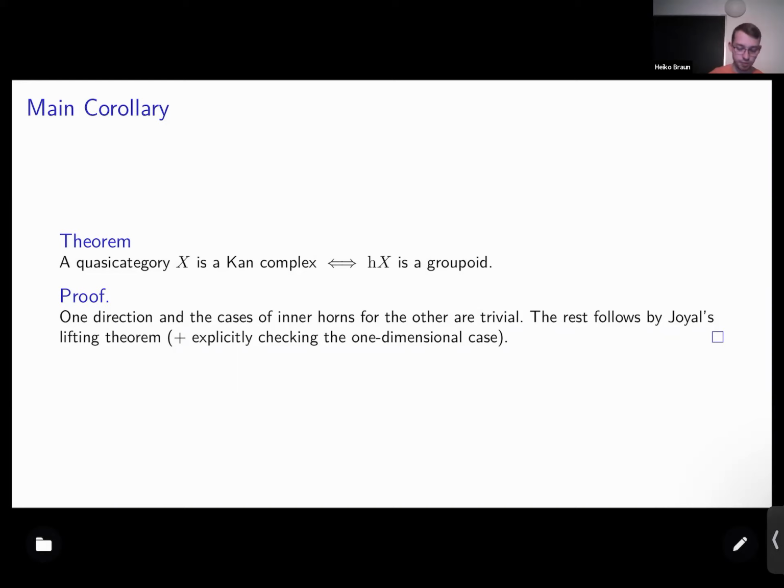And now we have the theorem that Hx is a groupoid, which means that all the edges, all the arrows, are isomorphisms, if and only if X is a Kan complex. So if you, for example, consider this in the basic case when you have only a two-horn, then it's easy to see that this condition must certainly hold. For example, let's draw one two-horn, this guy, and this.